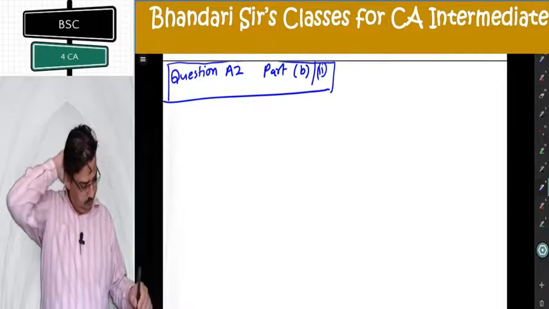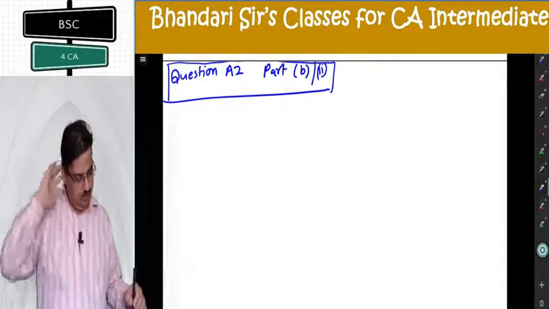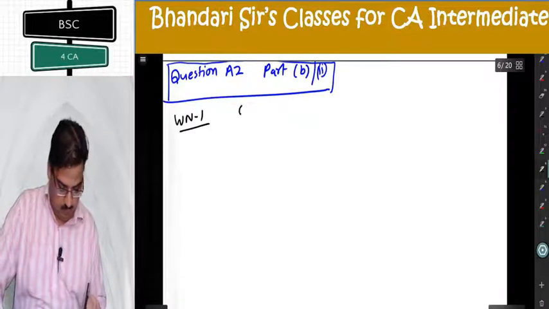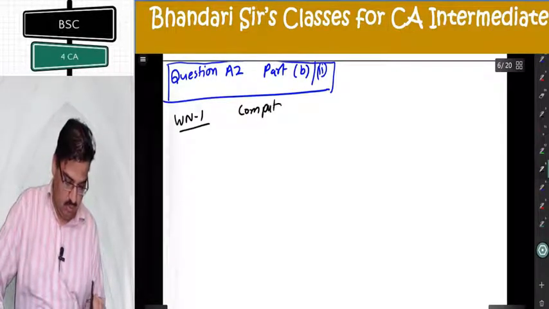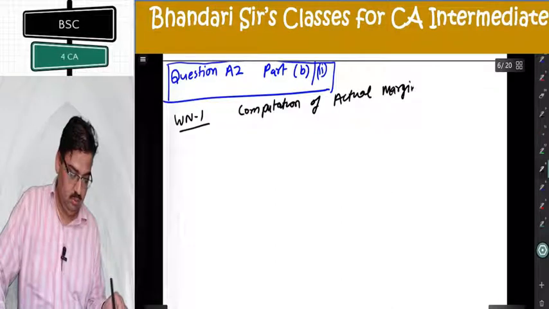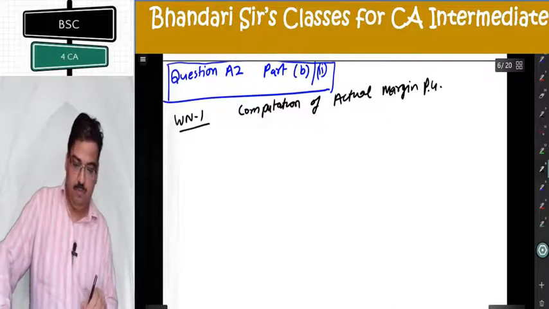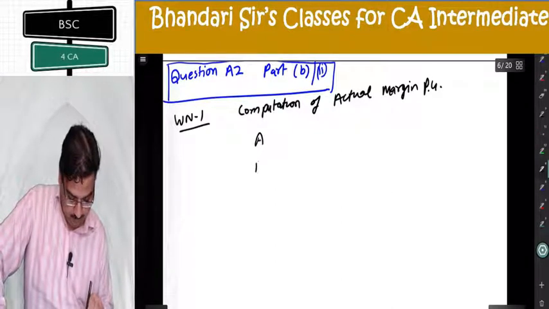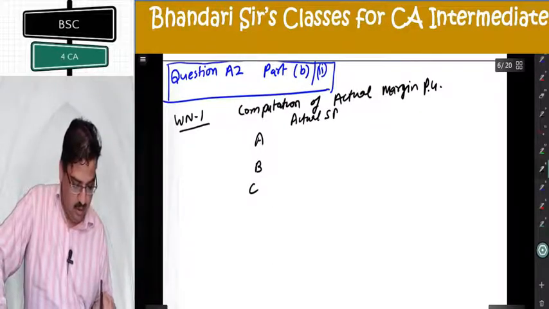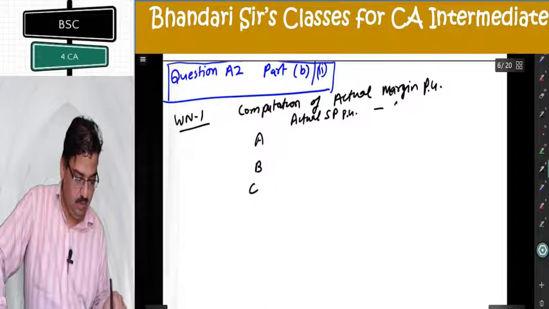So I am reaching here. First working note. Computation of actual margin per unit. Actual selling price per unit minus standard cost per unit.